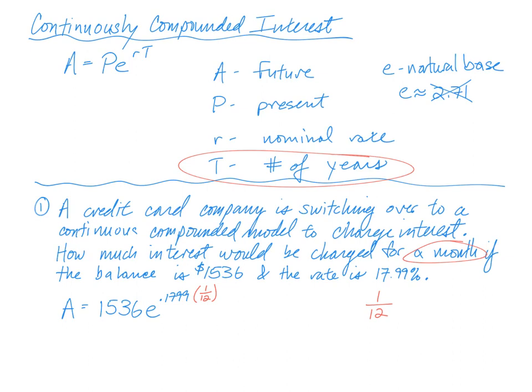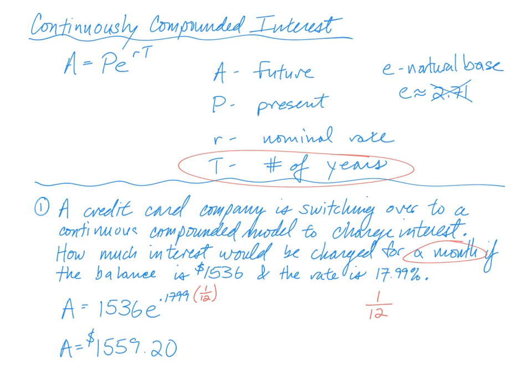Right. All right. So we have this, and look at this. We can just calculate all of this in a calculator to be $1,559.20. Okay, so this is what the balance would be at the end of the month. This does not answer the question how much interest would be charged for a month if the balance is such and such.